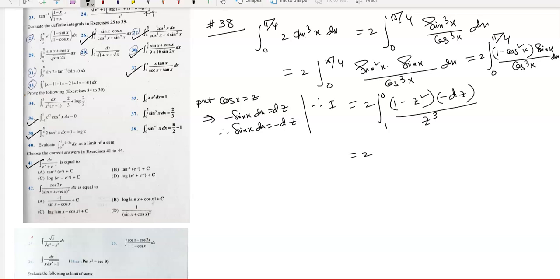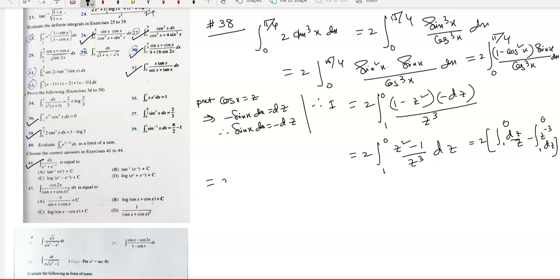So you take 2 outside and this minus is getting absorbed, by z cube dz, 1 to 0. This is 2, 1 to 0, dz by z, z to the power minus 3 dz.